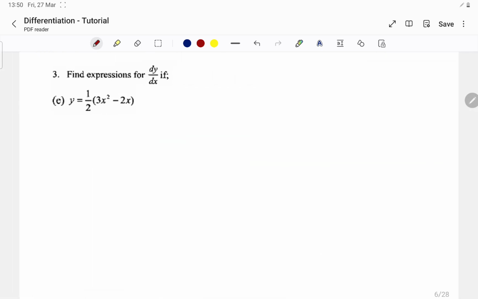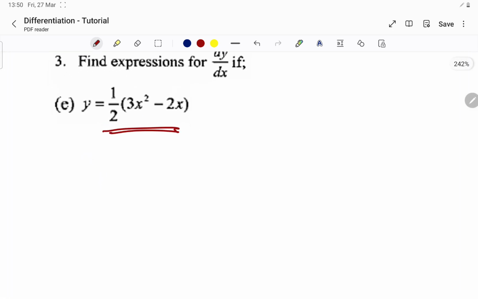Okay, also the same. If you see here, it doesn't expand yet. So what you have to do is expand first. 1 over 2 multiplied with 3x squared becomes 3 over 2 x squared.